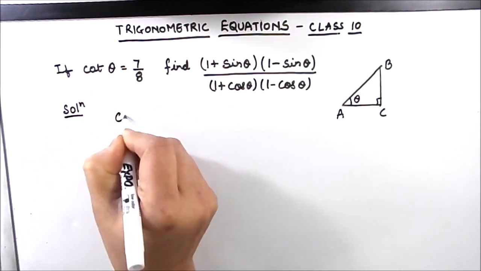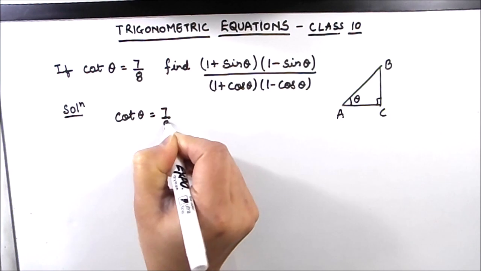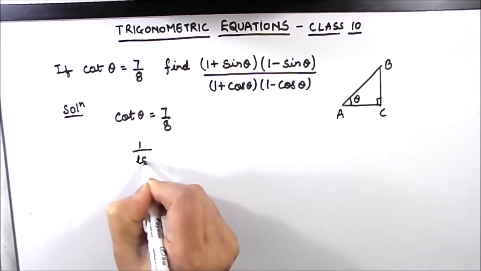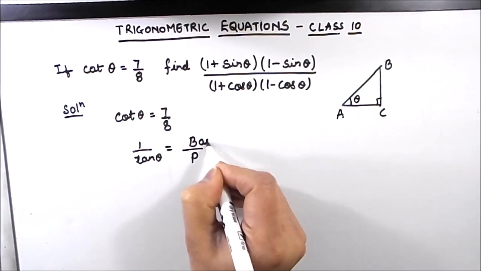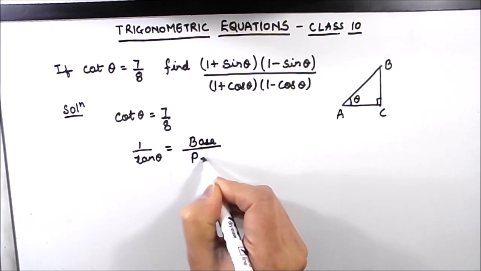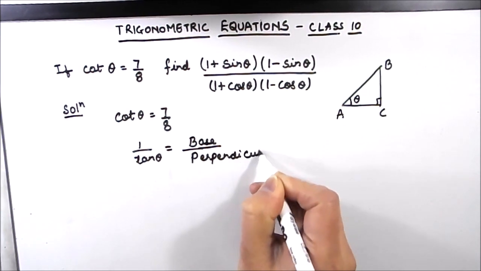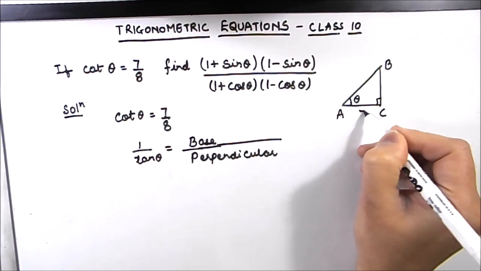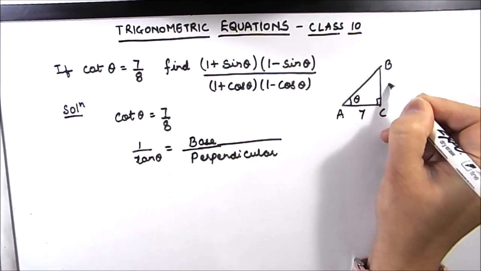According to the question, cot theta is equal to 7 by 8, and cot theta is equal to 1 over tan theta, which is equal to base divided by perpendicular. So here base is AC, which is equal to 7, and perpendicular is BC, which is equal to 8.